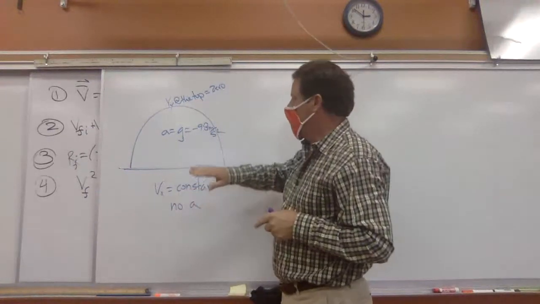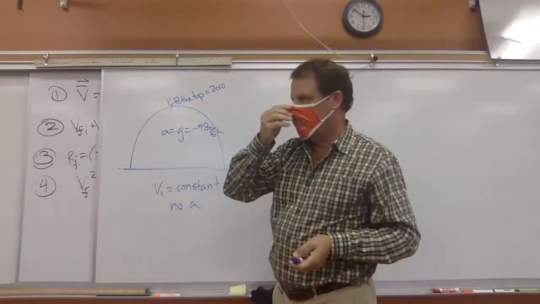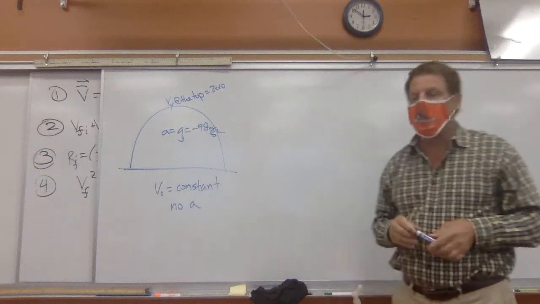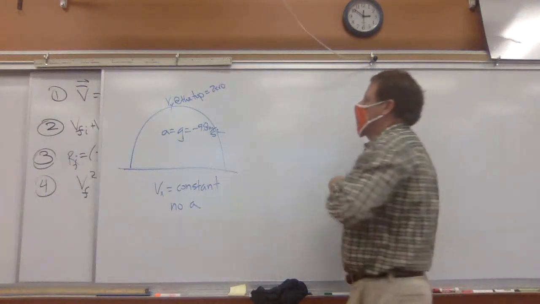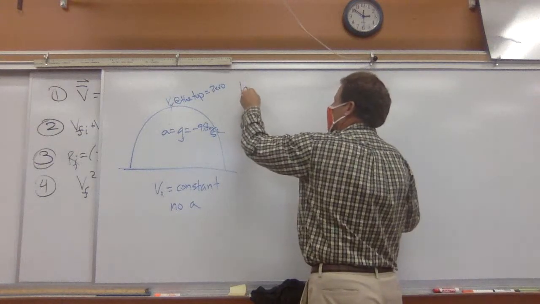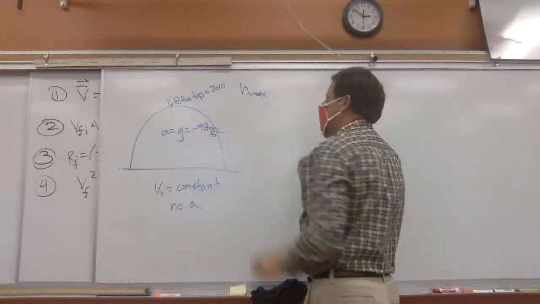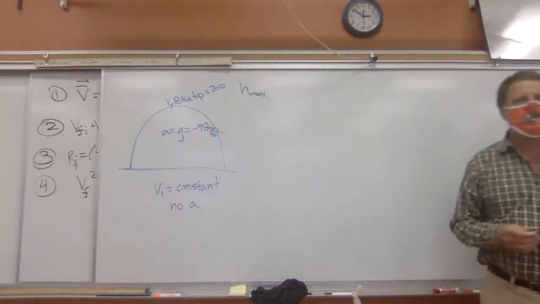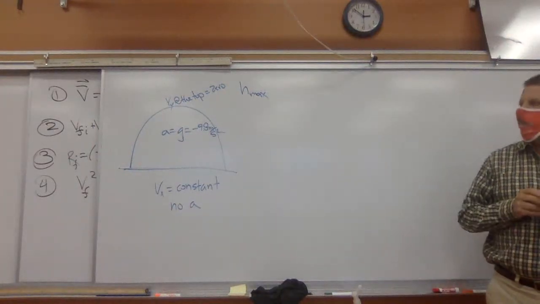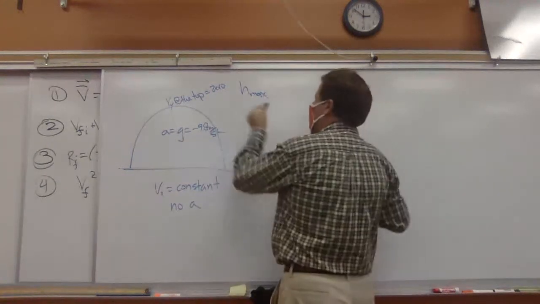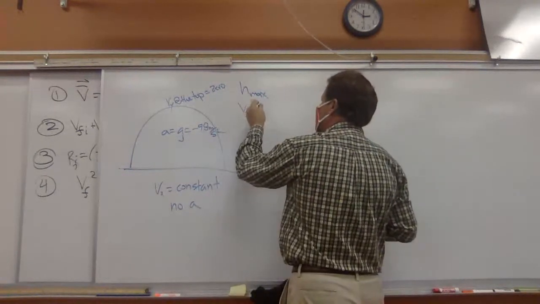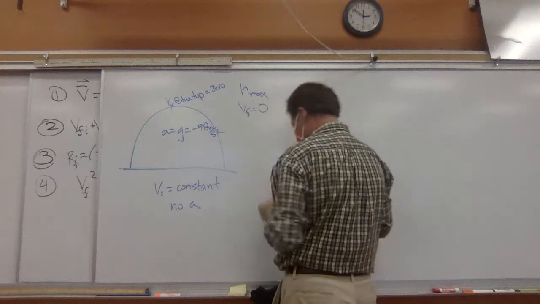So the key here is the time. The first thing we're going to try to figure out is, what is our maximum height? At the maximum height, our v final is going to equal 0.